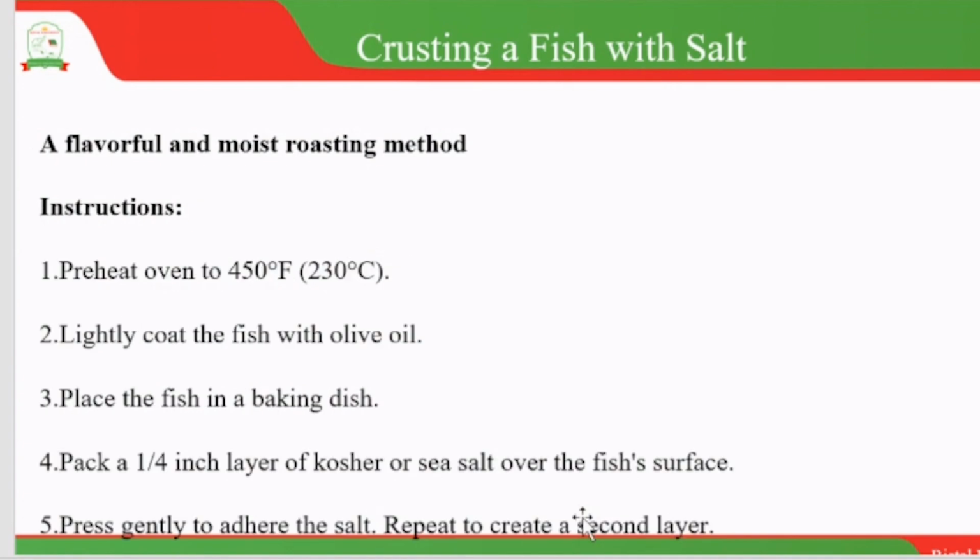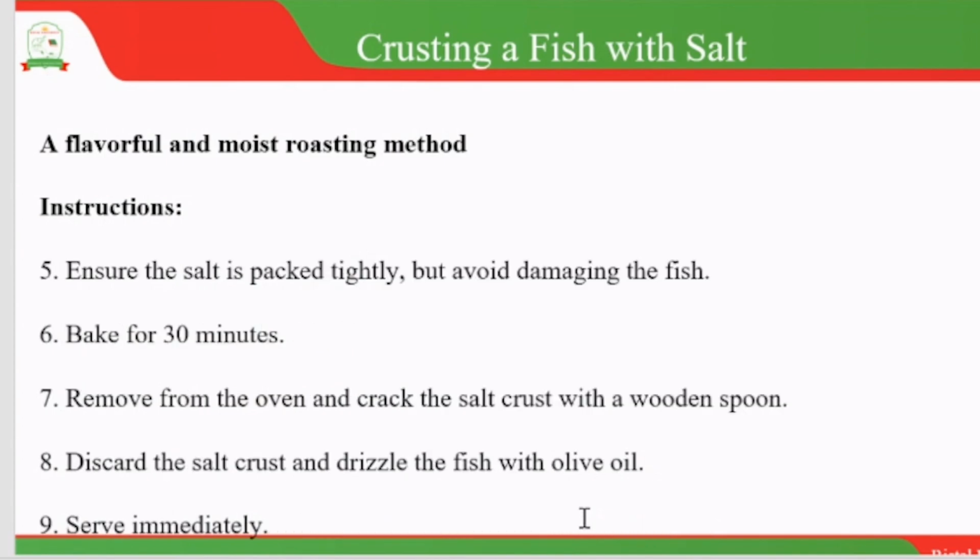You preheat the oven to 450 degrees Fahrenheit, 230 centigrade, lightly coat the fish with the olive oil, place the fish in the baking dish, and ensure that the salt is packed tightly to avoid damaging the fish. Then you bake for 30 minutes, remove from the oven, and crack the salt crust with a wooden spoon. Then discard the salt crust, drizzle the fish with olive oil, and serve immediately.